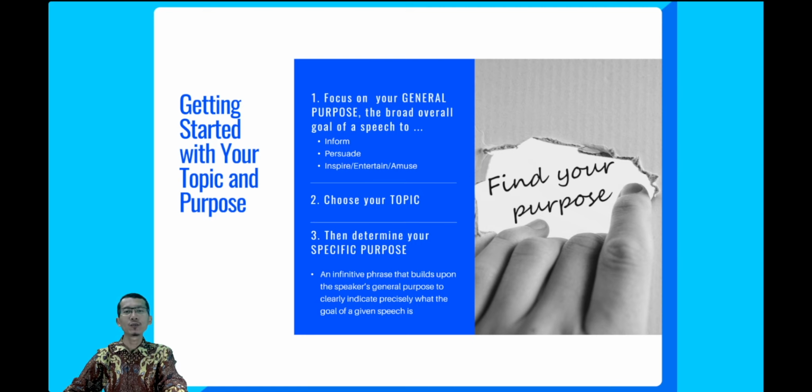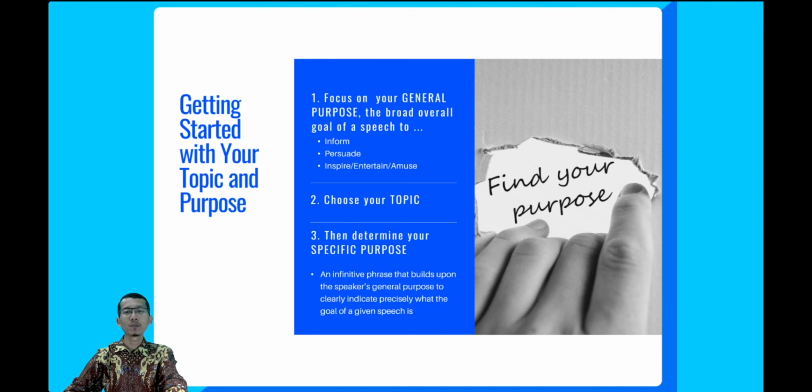In addition, you will be able to make strategic decisions about other aspects of the speech, such as organization, supporting evidence, and visual aids. In the past, speeches were thought to serve one of 3 purposes: to inform, to persuade, or to entertain. Different words are used for the purpose of the third type of speech, that is to inspire, to amuse, to please, or to entertain. We'll just use the term inspire as a general term here.